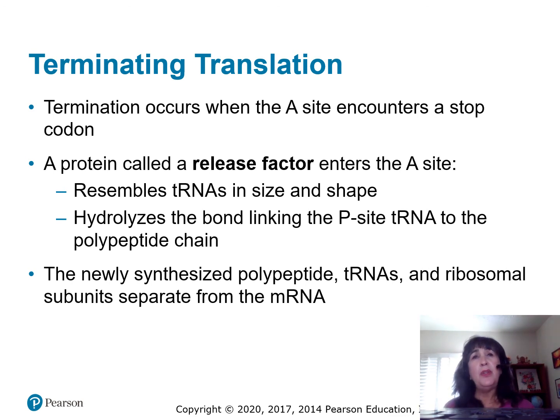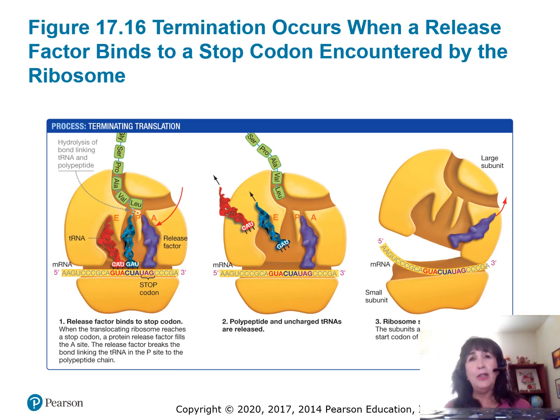It says here the newly synthesized polypeptide or protein, the transfer RNAs and ribosomes all separate and disengage from each other. So let's take a look. All of a sudden we see a release factor, which is purple. It has the same shape as transfer RNA, but it's different.